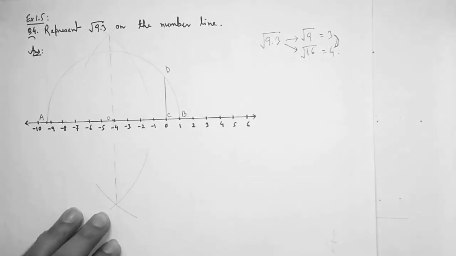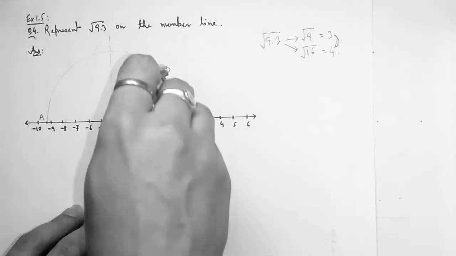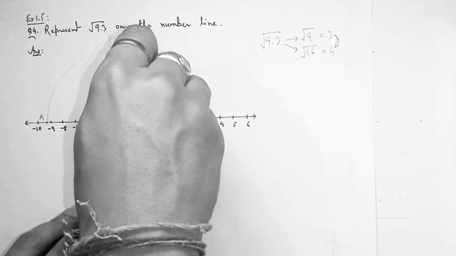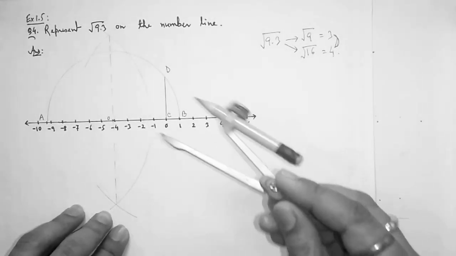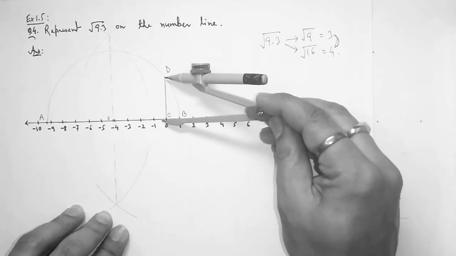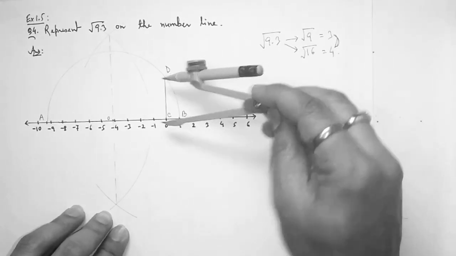So this is almost done. Now we are left with the last step. This time let us take CD as the radius. I'm showing once again: let us take this CD as the radius and C as the center.